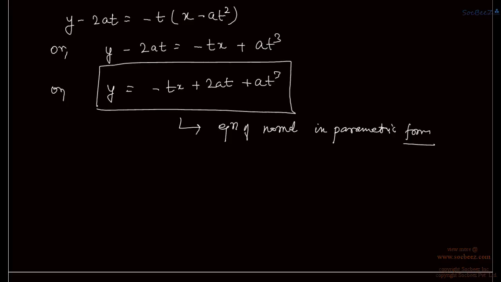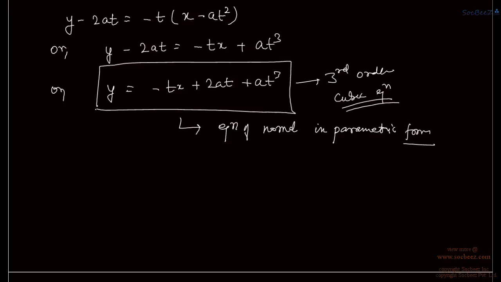From here we observe that for any point x and y, say for an external point x and y, if we want to see how many normals can be drawn on a parabola, this equation is a cubic equation, a third order equation. So its maximum root is 3. So we can have at max 3 normals to the parabola from an external point, right?